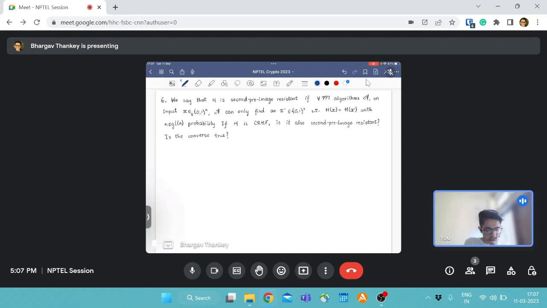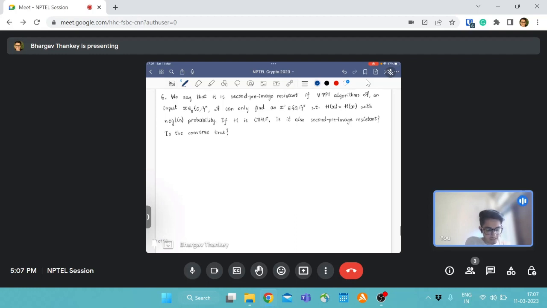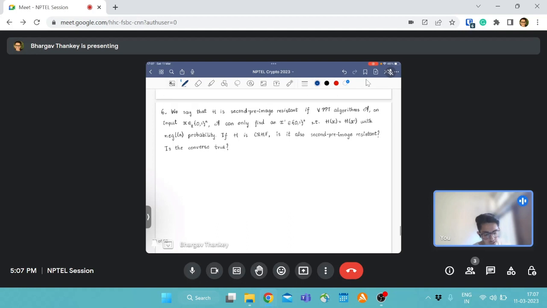We say that H is a second pre-image resistant function if for all PPT algorithms A, when given a random input x from {0,1}^n, A can only find an x prime in {0,1}^n so that H(x) equals H(x prime) with negligible probability. Here I should have told you that H is a function from {0,1}^n to {0,1}^m for some m less than n.